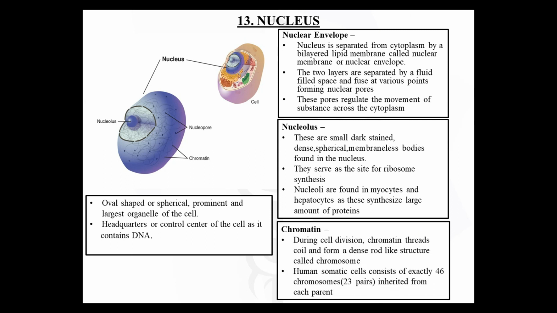The last one is chromatin. In non-dividing cells, DNA combines with proteins and forms a loose network of bumpy, diffused, granular mass called chromatin. During cell division, chromatin thread coils and forms a dense rod-like structure called chromosome.